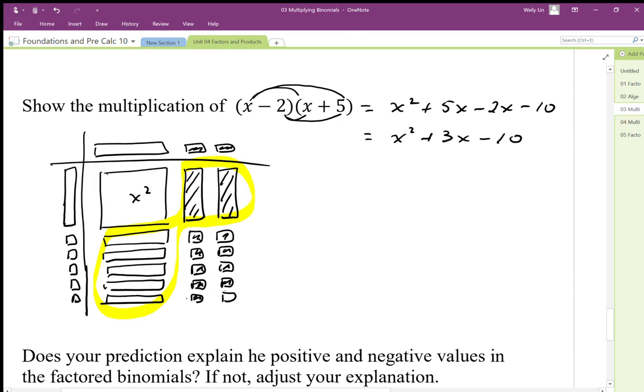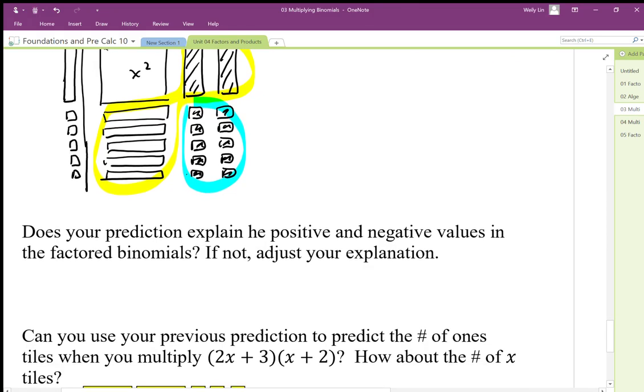So again, we can see that the middle term is the sum of these two numbers to get the 3, and then the last term is the product of those same two numbers. So I'm just going to highlight that. This is my product here in blue, and in yellow, this represents the sum of those two parts.